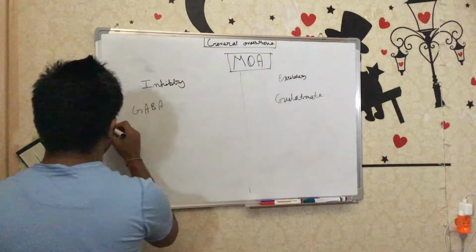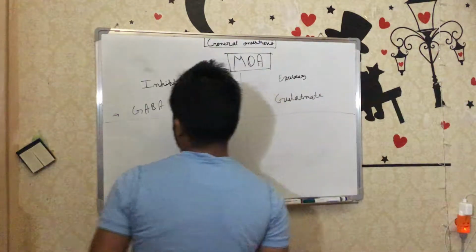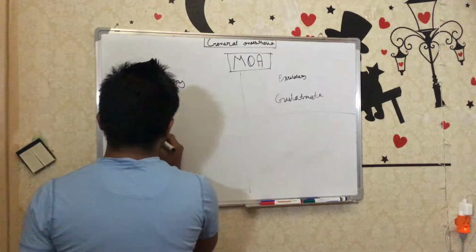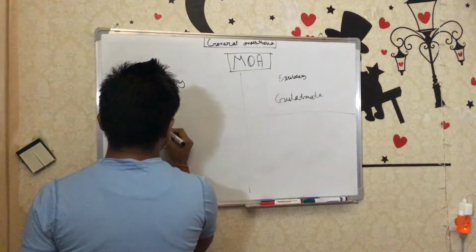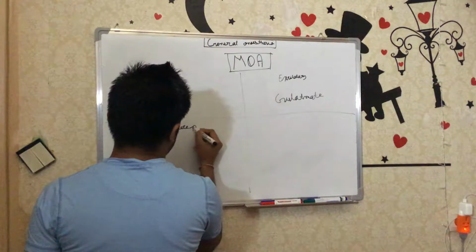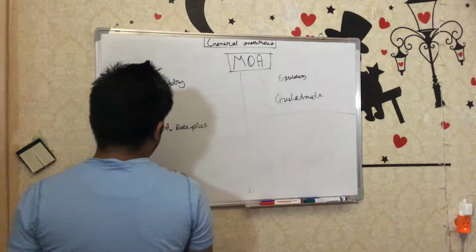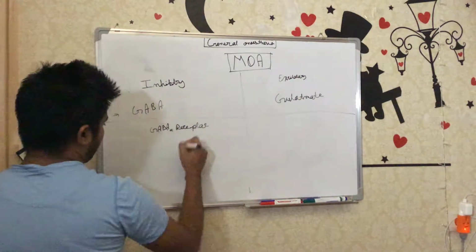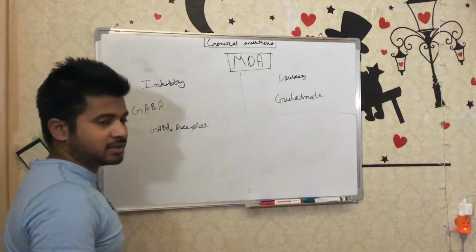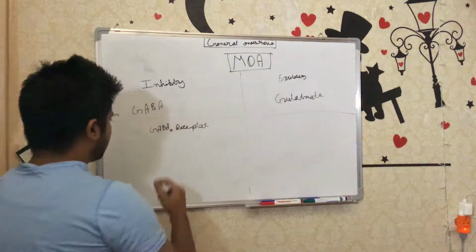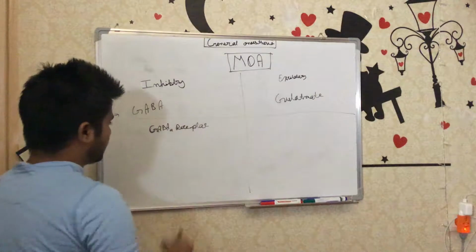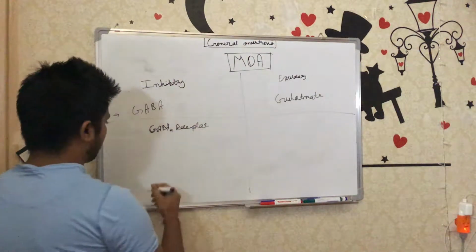But before that, the main mechanism: the drug acts on the GABA-A receptor and opens the chloride channel, helping chloride penetrate inside the neuron. It binds to this receptor and chloride influx occurs inside the neuron, and the neuron becomes hyperpolarized.